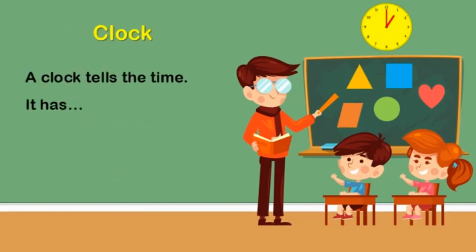A clock tells the time. It has different parts. One of the parts of a clock is a face. And on this face, there are numbers. The numbers 1 through 12 are on the face of a clock. A clock also has 2 hands.